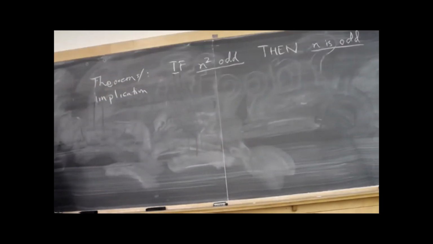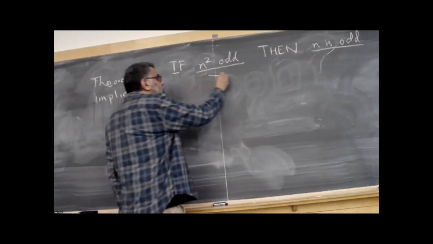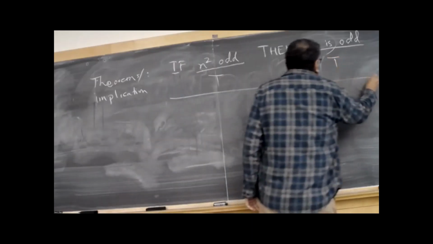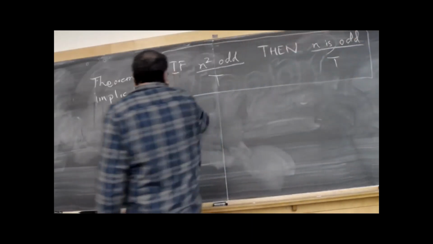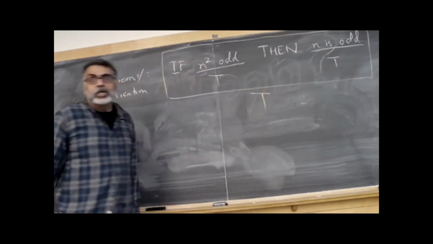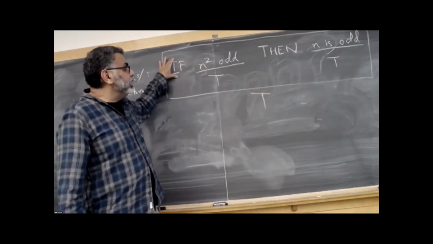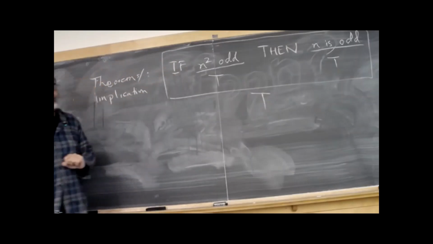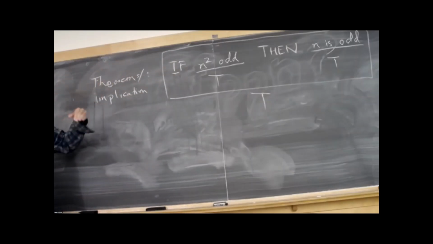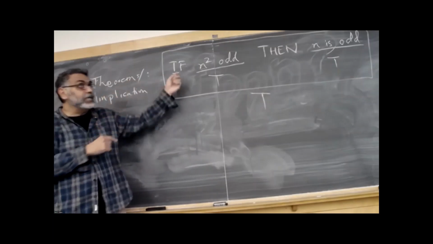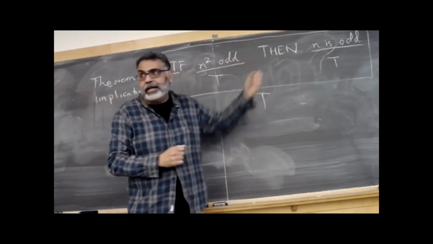All right, and then what happens is this better be true and this better be true, then this whole implication is going to be true. So the only way this implication is going to be true, and what's the other name for the implication? Theorems. All of our theorems in this class will be one-line statements like that, with an if and a then.